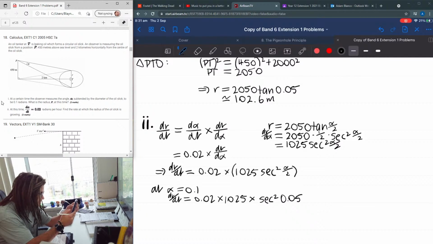So 1 on cos squared 0.05 squared. Don't do this to me.